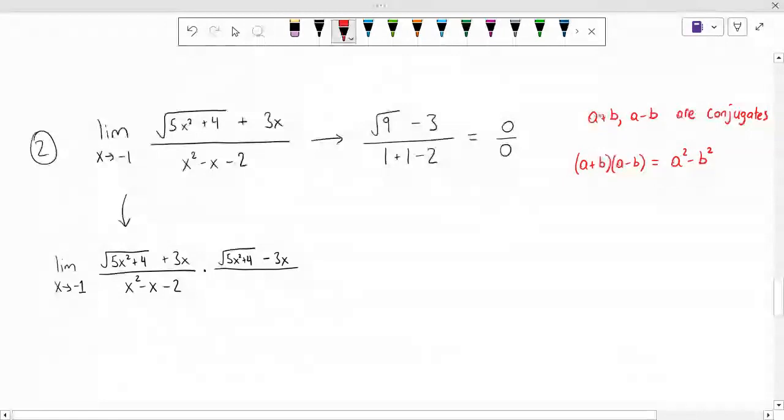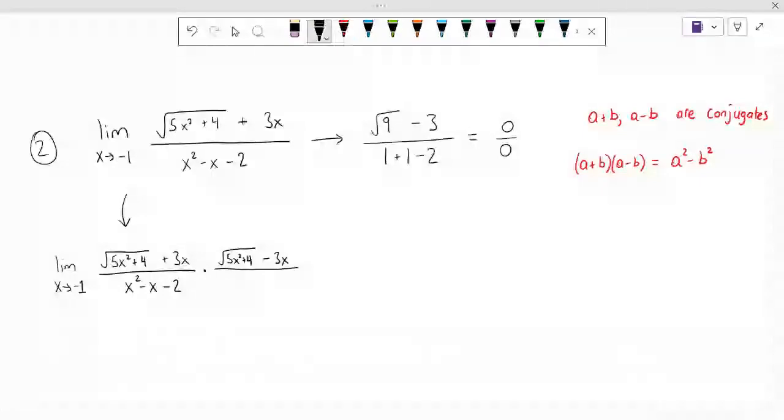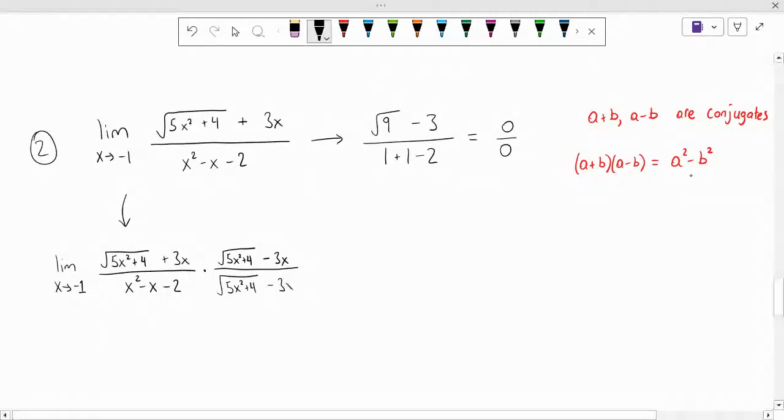We'll see how that works in this example problem. So I'm going to multiply by the conjugate of the numerator. And whatever you do to the numerator, you have to do it to the denominator as well to ensure that you're still working with the same problem.